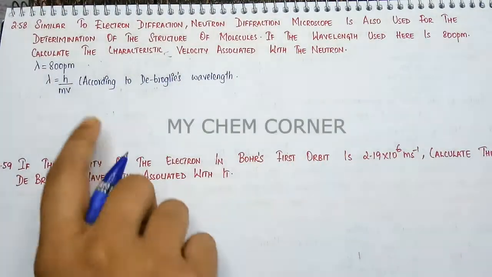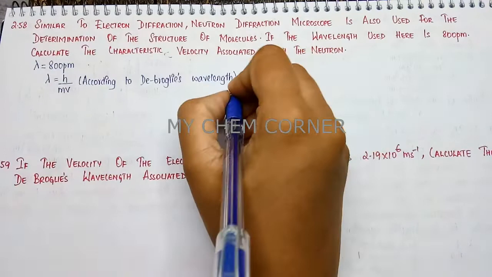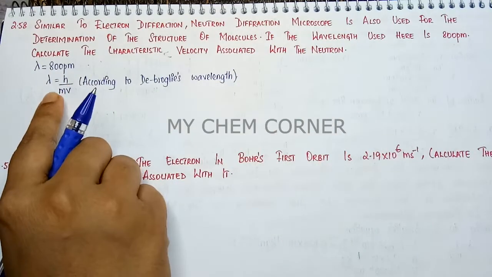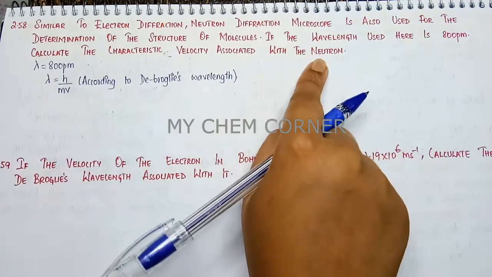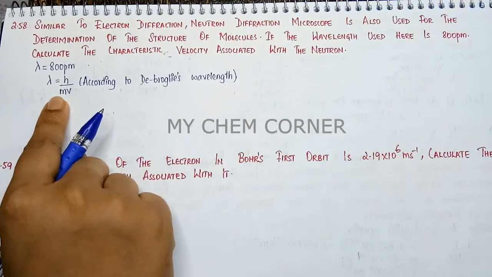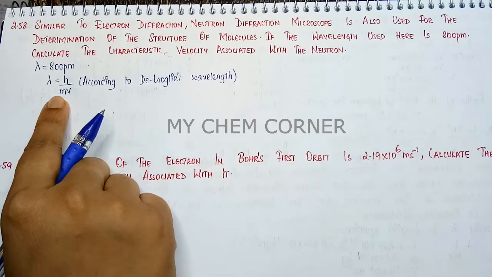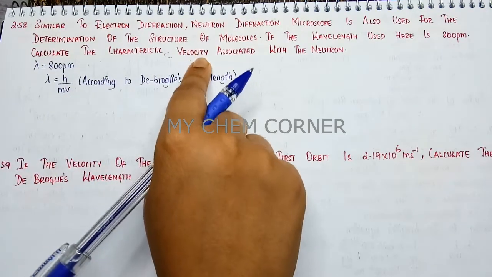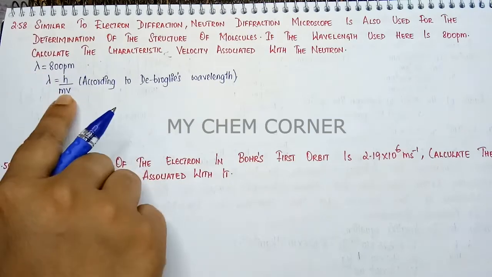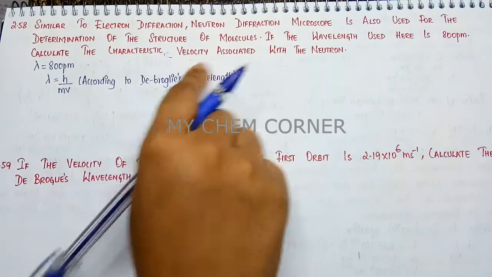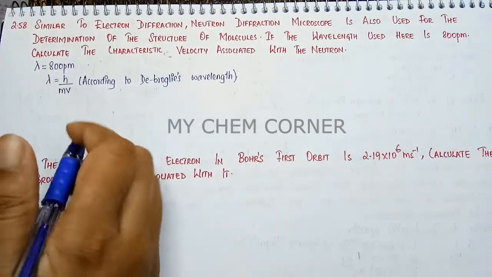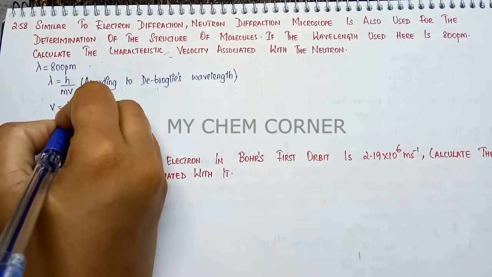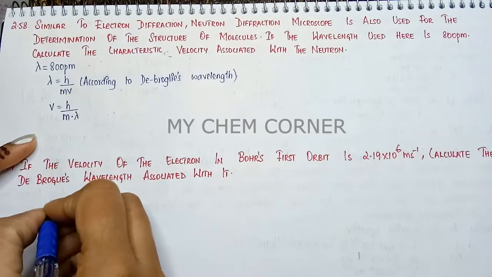So in this equation, h here is Planck's constant. m, because we're looking with respect to neutron, is going to be the mass of neutron. v is the velocity. But in this case, lambda is given to us and v is what we have to calculate. So let's rearrange this formula itself. So we can write velocity is equal to h by m into lambda.